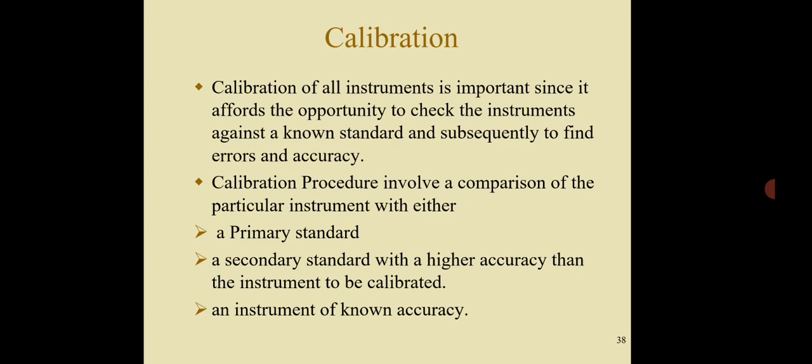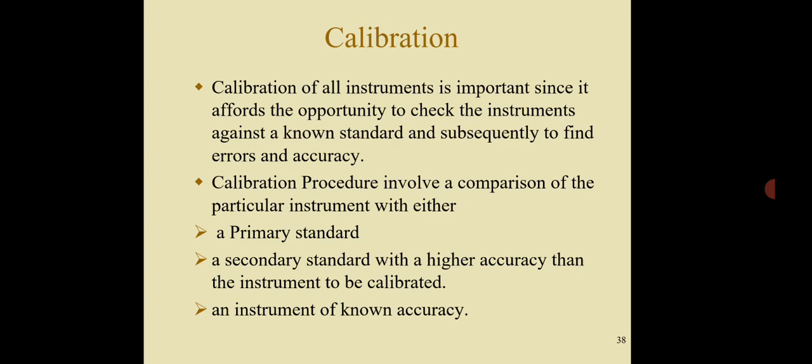Calibration is nothing but this: whenever you have some meter or instrumentation, and due to some problem it is showing wrong information, what you do is compare it with a primary standard, based upon my instrument. I can compare with the primary standard, or with my secondary standard, or with my accuracy from the previous calculations.